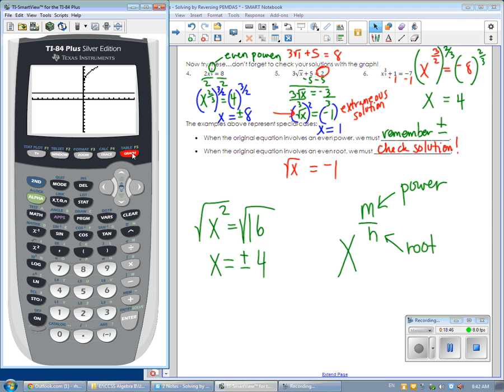And I can do this on my calculator if I go to my home screen. Now, it's important that you put the negative 8 in parentheses, and then raise it to the 2/3 power. And we get 4. Let's see what happens when we graph it, though.